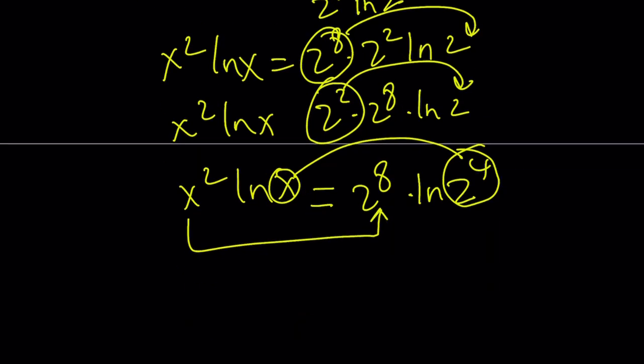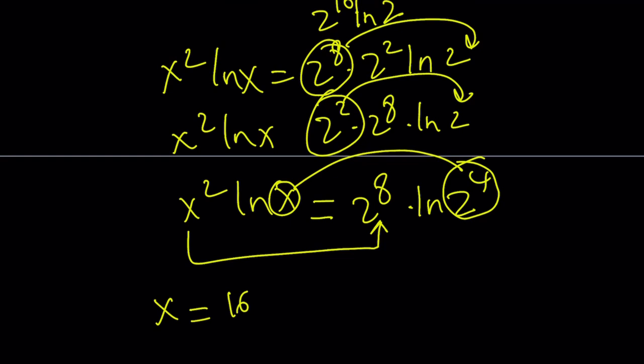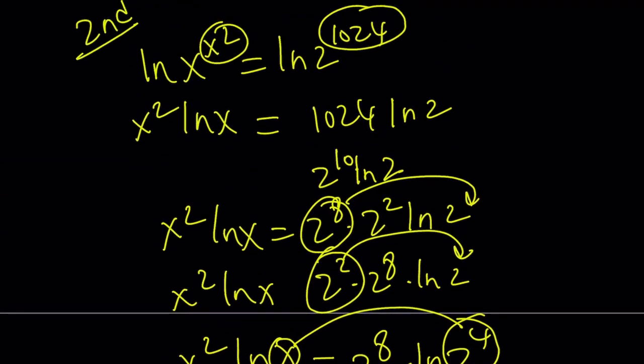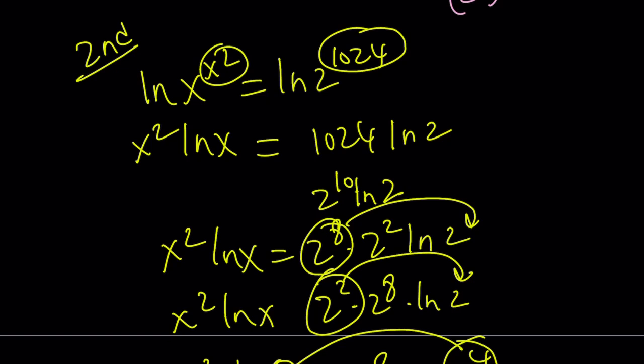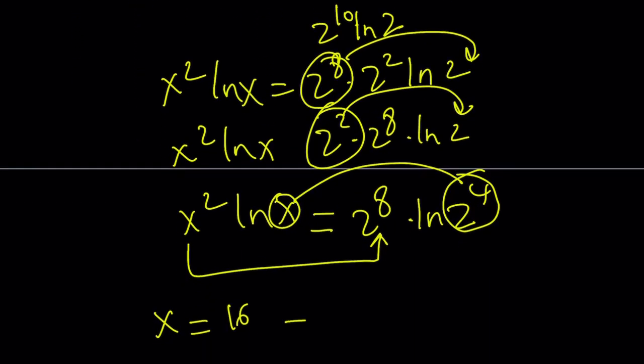Okay, so x equals 16 works. But negative 16 is not allowed here, so we have to use an absolute value, or just consider the fact that the exponent is always even, so we can have a negative base. Make sense? But you don't get that directly from the ln function because of its domain.